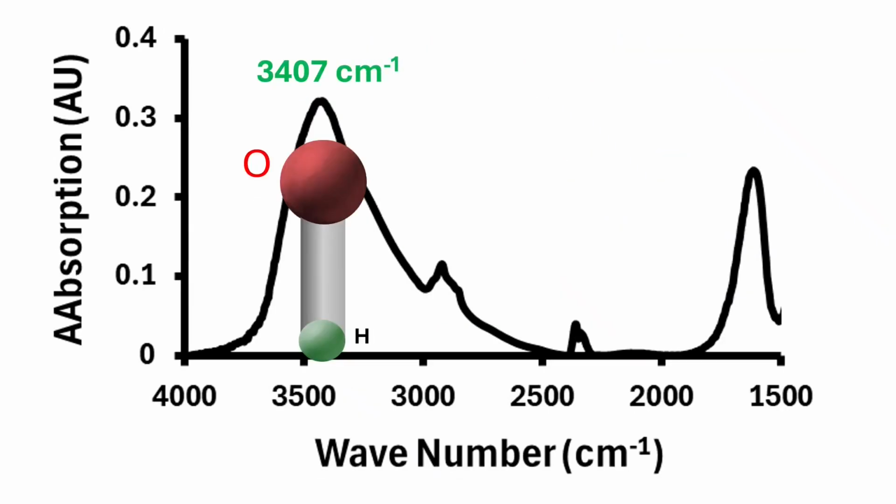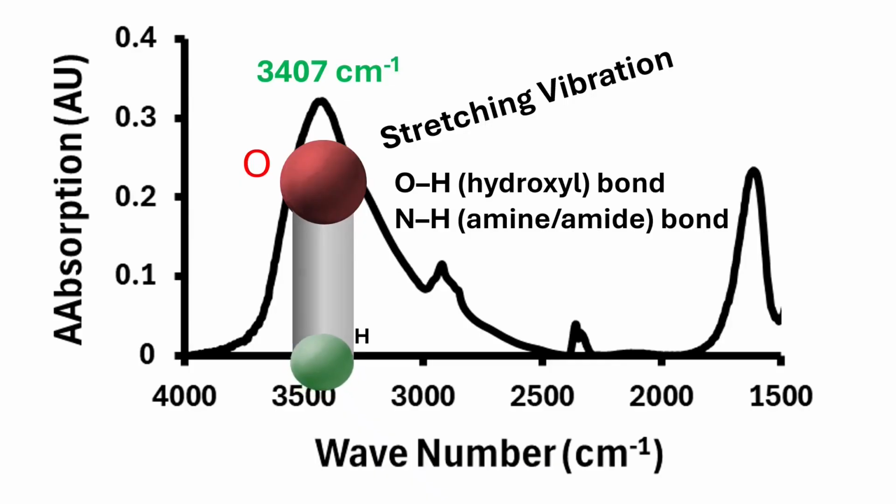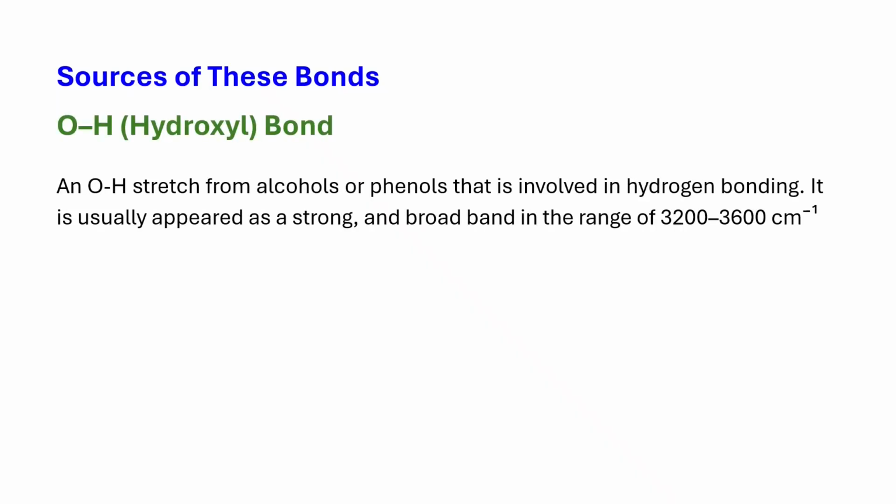An FTIR absorption band at approximately 3407 centimeter inverse is typically associated with the stretching vibration of an OH, that is hydroxyl bond, or an NH, that is amine or amide bond. What are the sources of these chemical bonds? An OH stretch from alcohols or phenols is involved in hydrogen bonding.